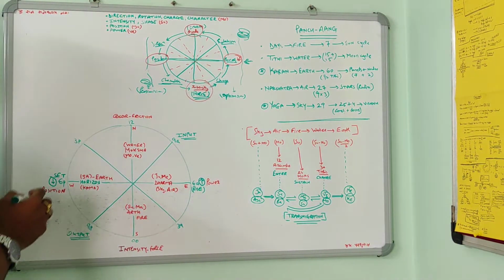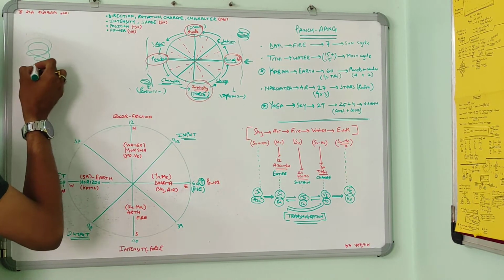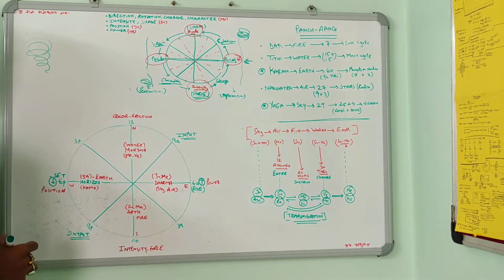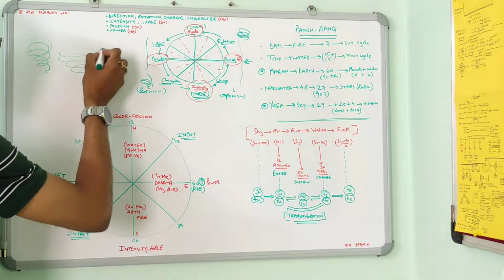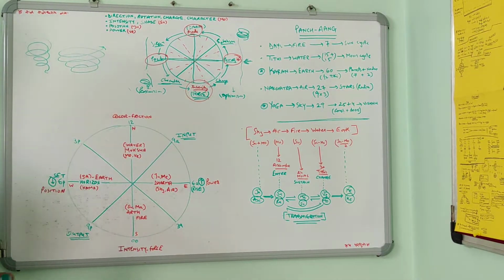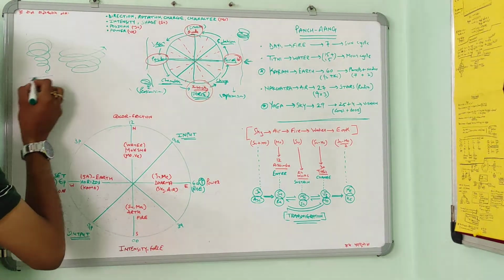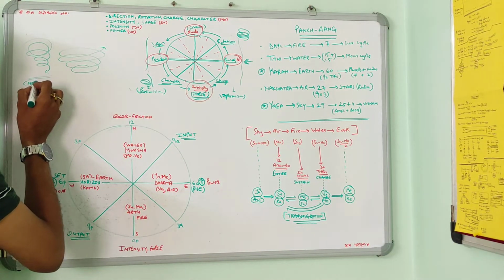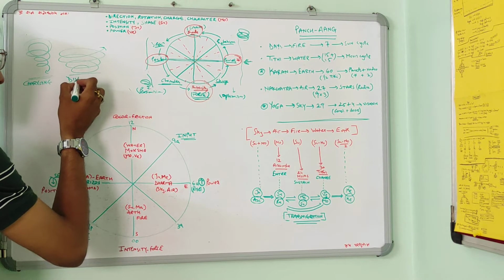Now what is input and output? When you are getting energy inside your body, this is the rotation. When you are giving out the energy outside the body, the rotation is reversed. So whenever you are charging, this is charging and this is discharging.